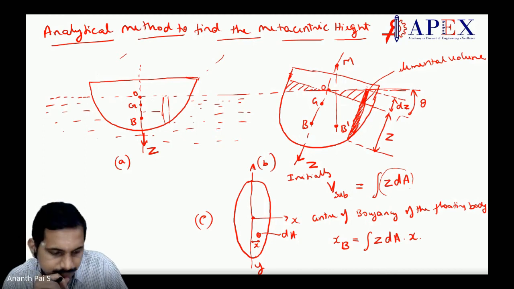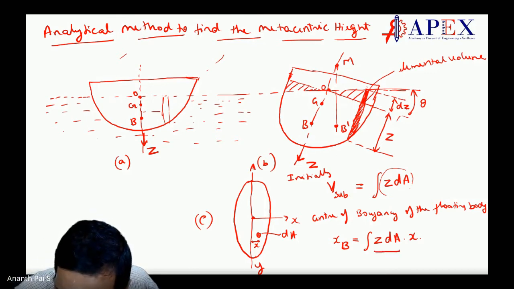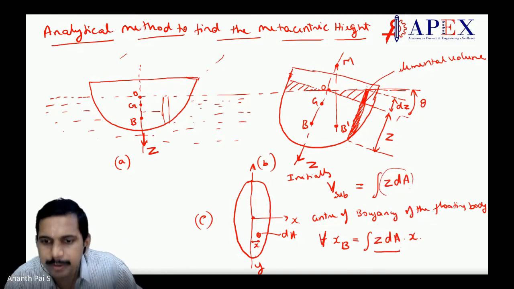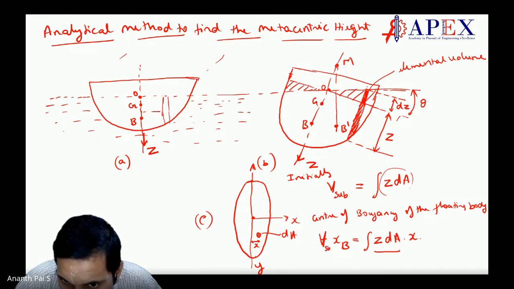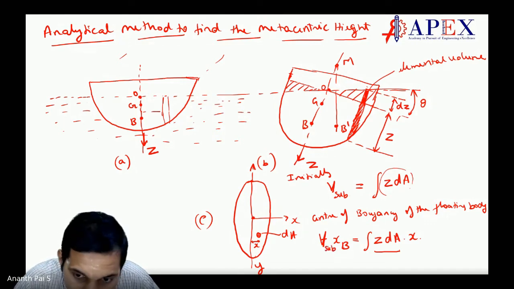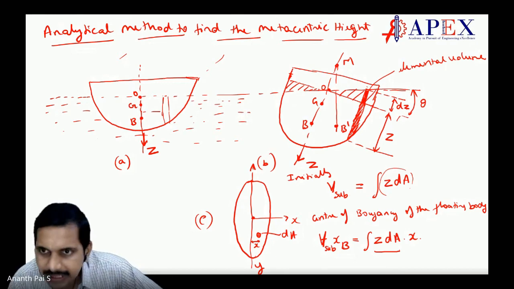Okay, let me put it properly. x_b is the integration of z dA into x, which is volume into x, divided by the volume. Now it's proper, correct? So volume submerged into x_b is equal to the integration of z dA into x, correct?